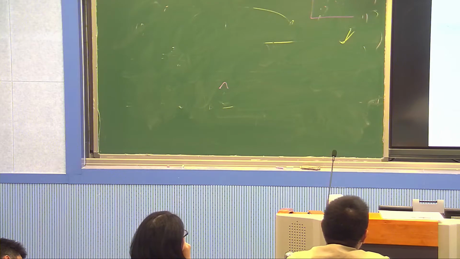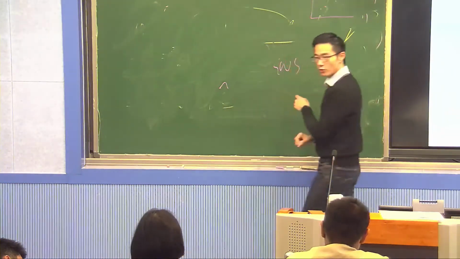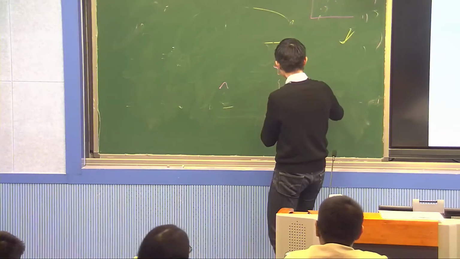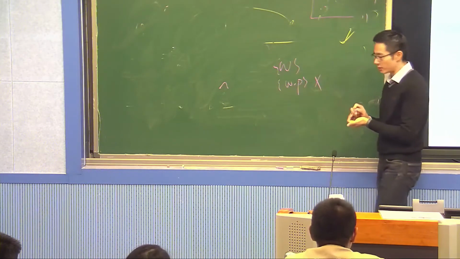So W satisfies the backdoor criteria. W and P do not satisfy the backdoor criteria, because if I condition on W and P, then at least one path is open. By the way, W and C also satisfies the backdoor criteria.